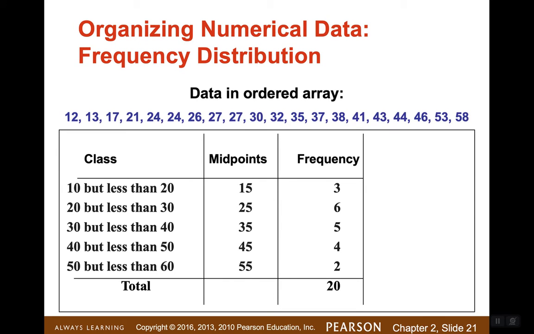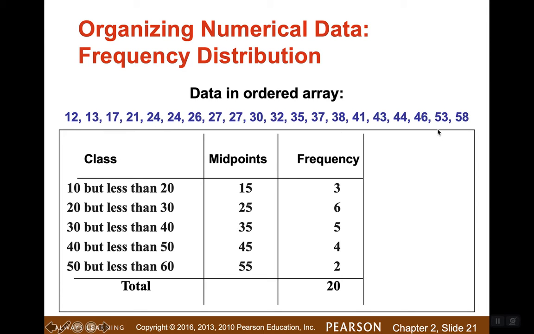Then we sort it into order, into our high-low sequence. So our range would be 58 minus 12. And that gives us the range of the data that's in our array.